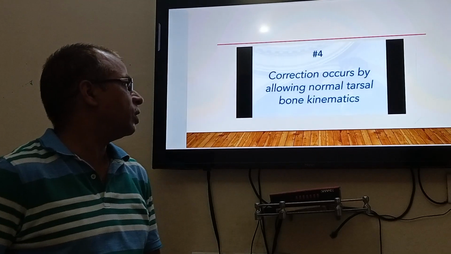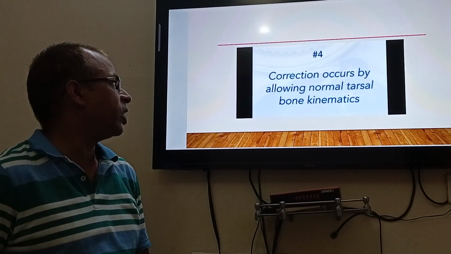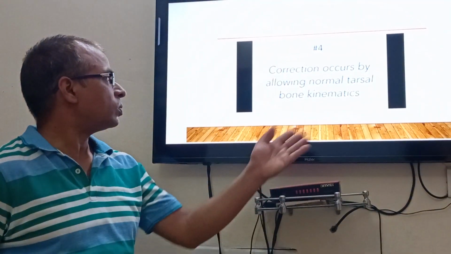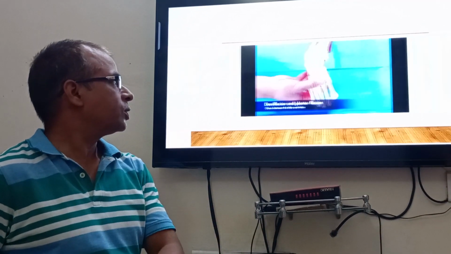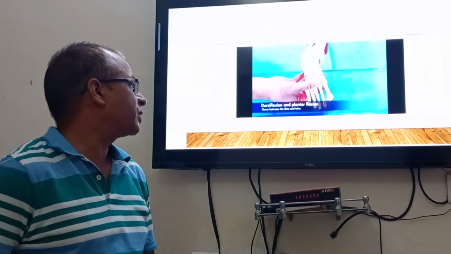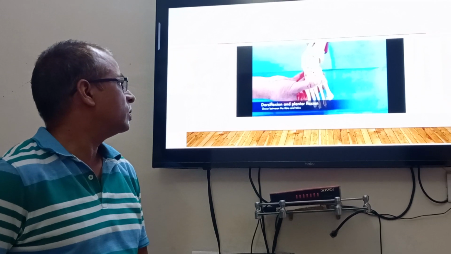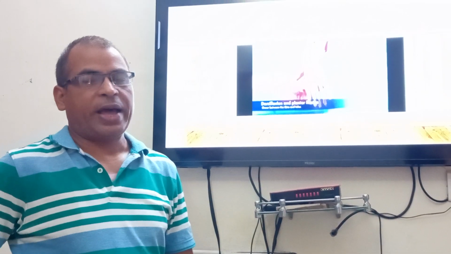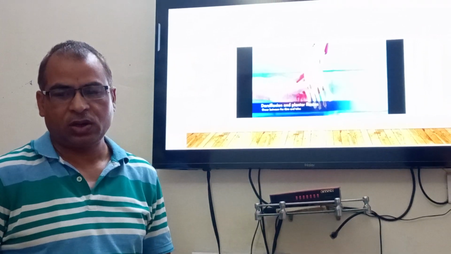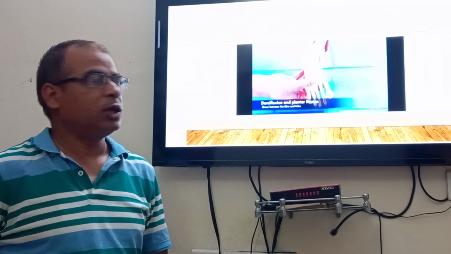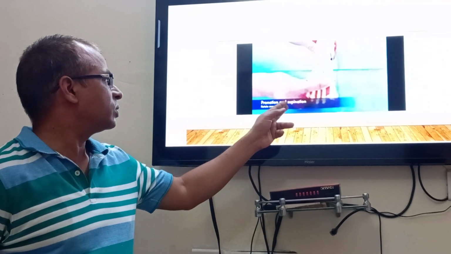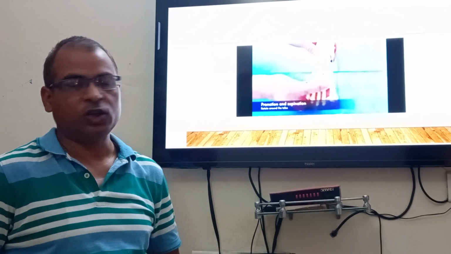So the next principle, number 4, is that correction occurs by allowing normal tarsal bone kinematics. Next. Dorsiflexion and plantar flexion of the ankle occur at the ankle joint, that is the tibiotalar joint, and pronation and supination occur at the subtalar joint.